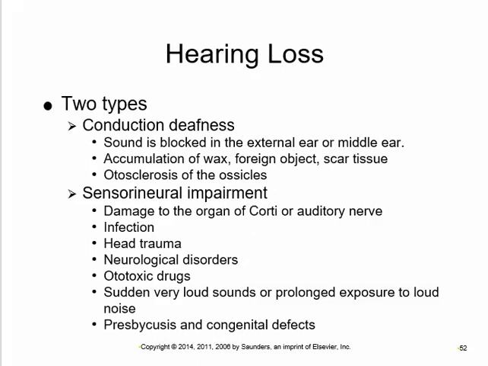The other type of hearing loss has to do with the sensors in the cochlea or the auditory nerve. So damage to the organ of Corti itself or nerve damage. That could be from infections. If an infection gets into the endolymph, there's not a very good immune response in there, and it can damage those hair cells.